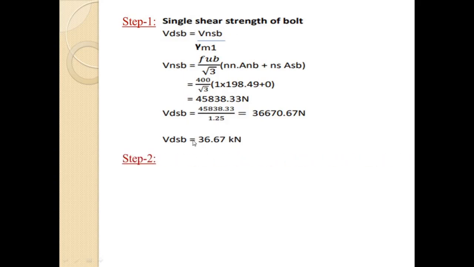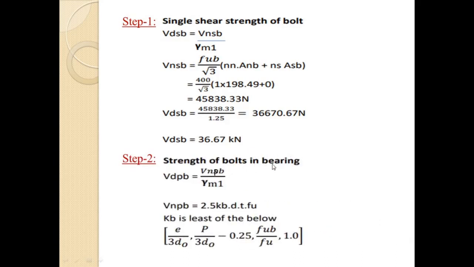Okay, step number 2, that is the bearing strength of bolt we have to calculate. So the formula is VDPB is equal to VNPB upon gamma m1, where VNPB we can calculate using the formula 2.5 into KB into D into T into FU, where this KB value is the least of the below four values: E upon 3D0, or P upon 3D0 minus 0.25, or FUB upon FU, or 1.